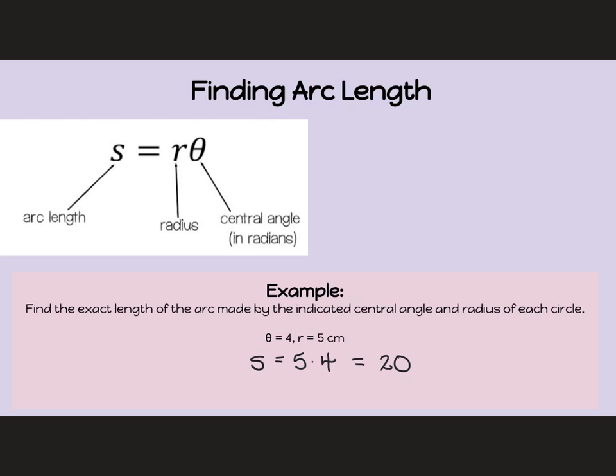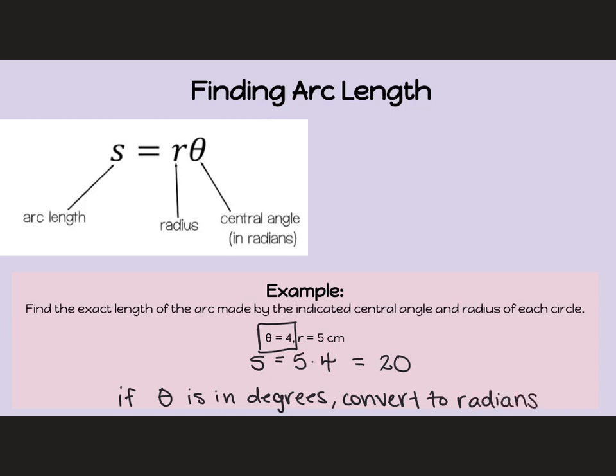The only thing you would need to be really careful about is if this is in degrees, you would have to convert first and then plug it in. So if theta is in degrees, you would just convert to radians doing exactly what we did on the last example.